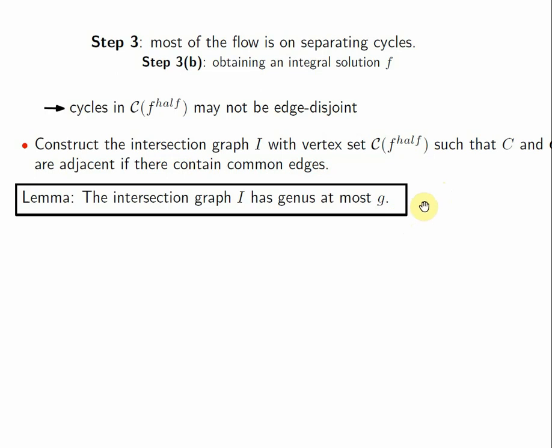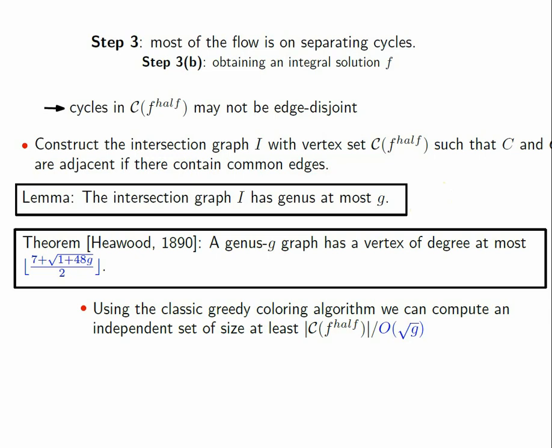Fortunately, using the fact that G plus H has genus g, we show that this intersection graph can also be embedded in a surface of genus g. In particular, we know from a theorem of Heawood that such a graph always has a node with degree at most roughly square root of g. This implies that we can use the classic greedy coloring algorithm to compute in polynomial time a proper coloring of I with at most big O of square root of g colors.